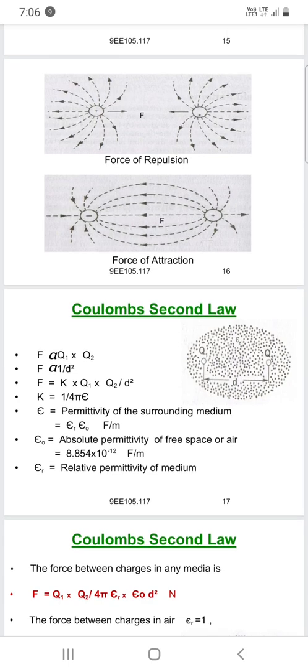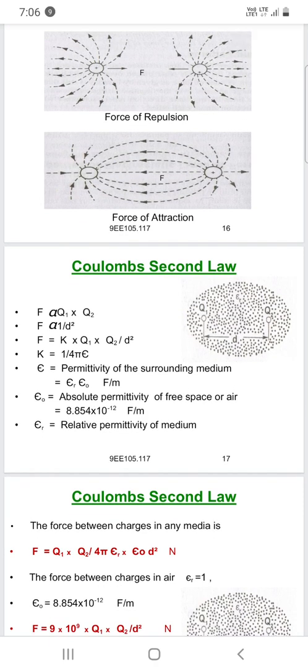And the force of attraction: here the two charges are unlike charges, that means one is a positive charge and the other is a negative charge.